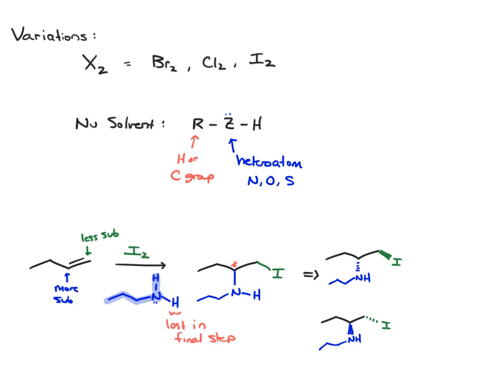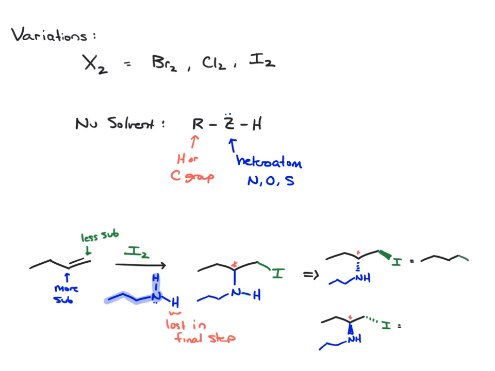But you'll notice if I were to draw this product in an answer key, I wouldn't be putting this I on a dash or wedge because it's not a chiral center that I need to define. This is my chiral center here. So when I draw this, we really don't need to put that dash or wedge for the I group.